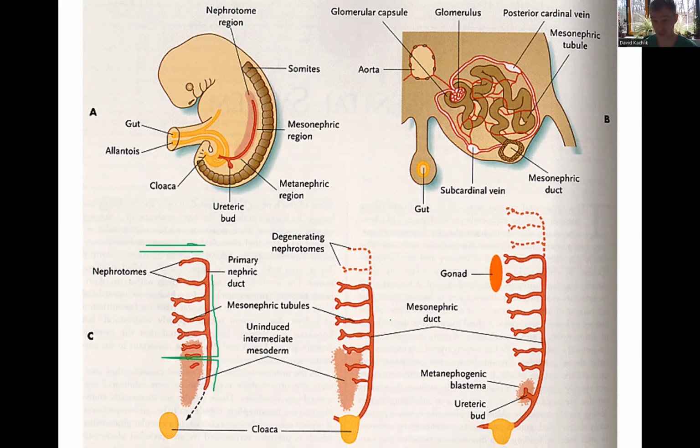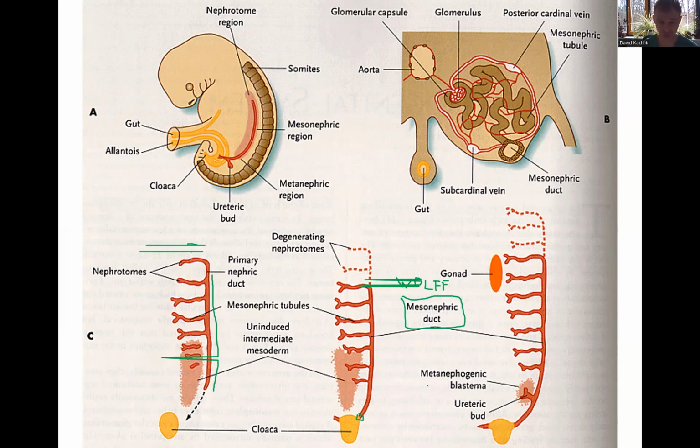This duct is called the mesonephric duct or Wolffian duct, according to the German embryologist Wolff. And this Wolffian duct finally grows into the cloaca.